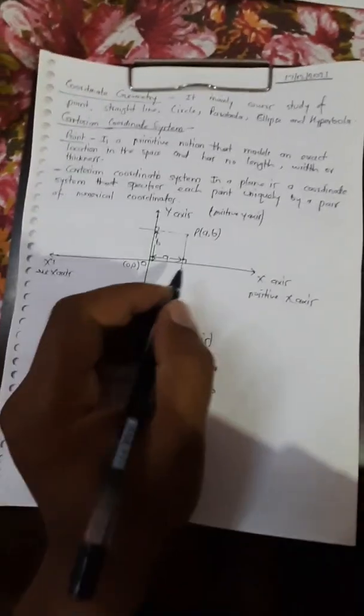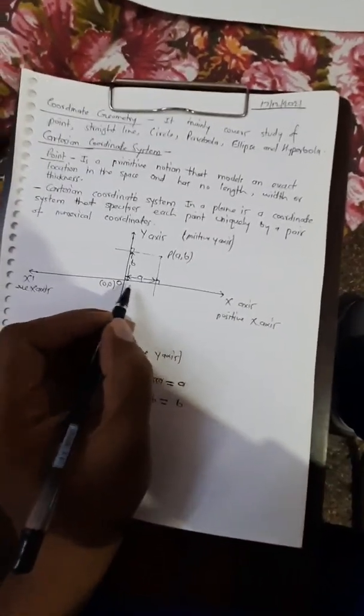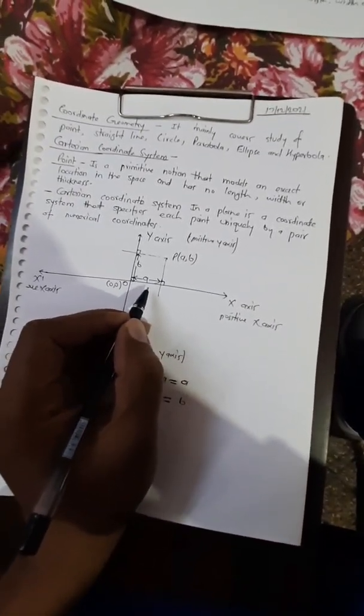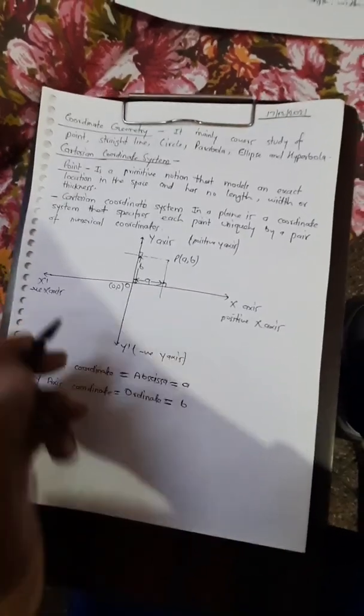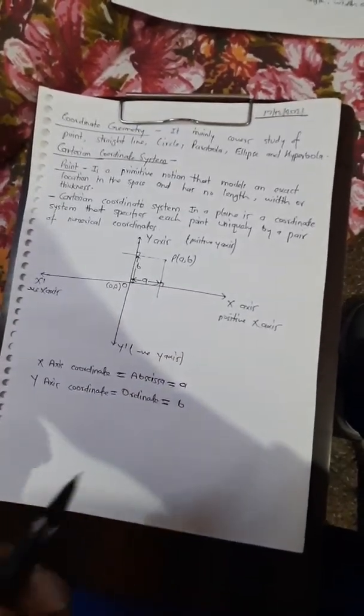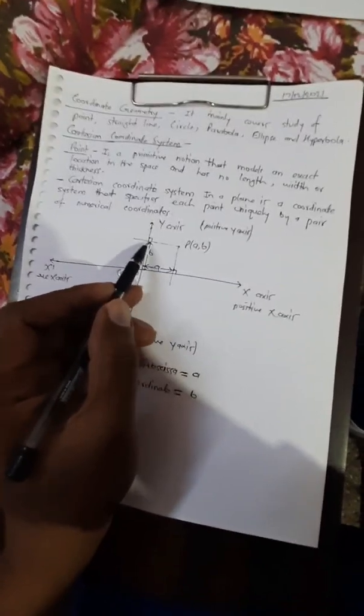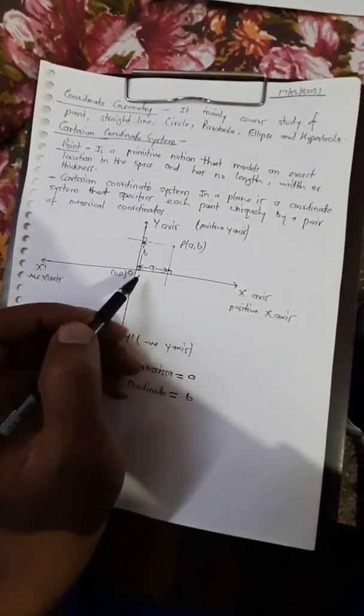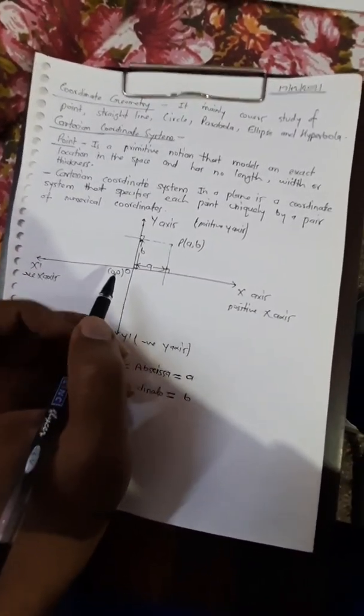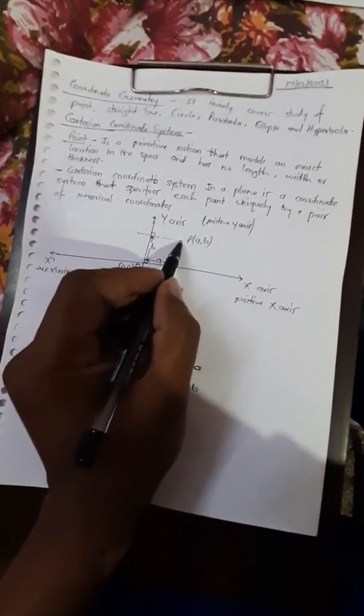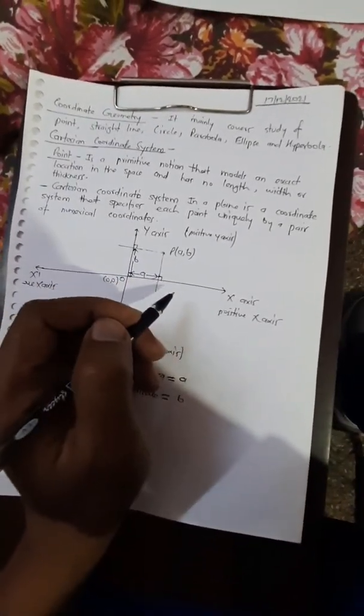As you can see in the picture, this a will be called the x-axis coordinate or abscissa, and this b will be called the y-axis coordinate or ordinate. This is the way by which we denote a point in a Cartesian system.